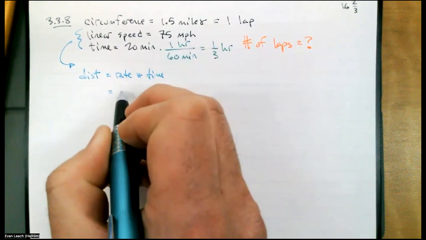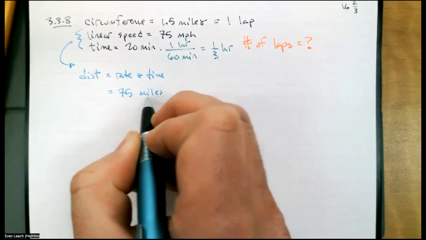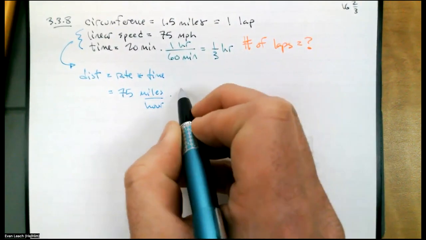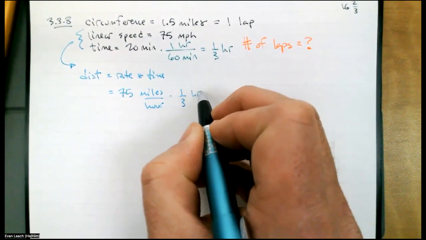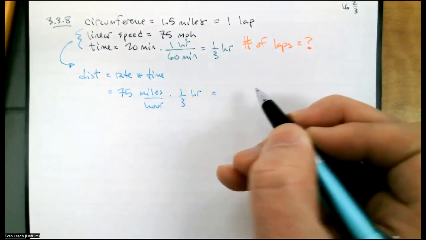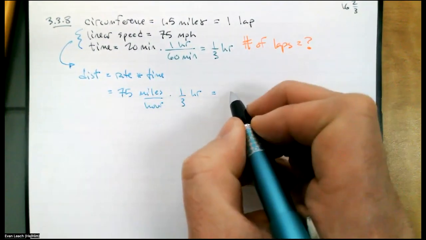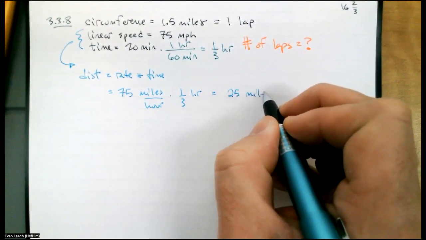Our rate is 75 miles per hour, and our time is 1/3 of an hour. 75 divided by 3 means we're driving a distance of 25 miles.